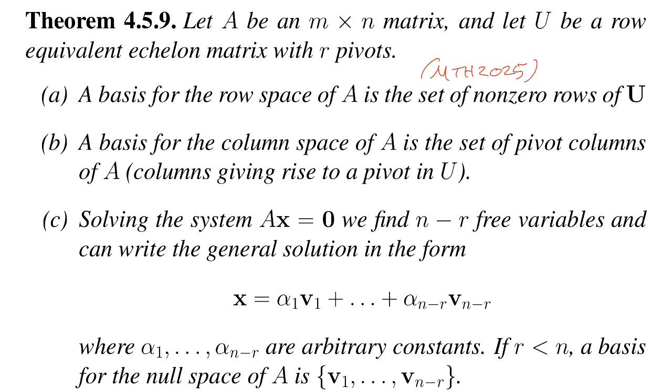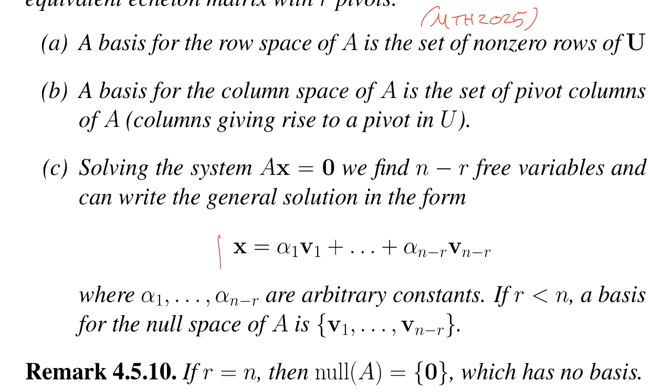Okay. The third statement here is that, as we just saw in the last example, if you look at the homogeneous equation, so the set of all the homogeneous solutions is the null space, you're going to find n minus r free variables if r is the rank of A. And you can write the general solution in this form. Right?